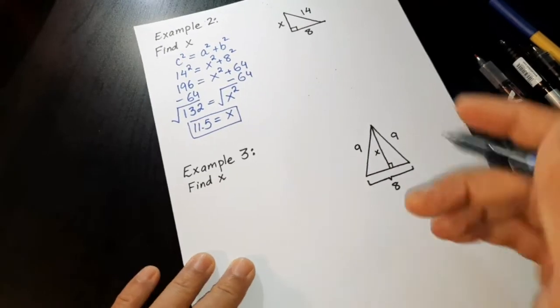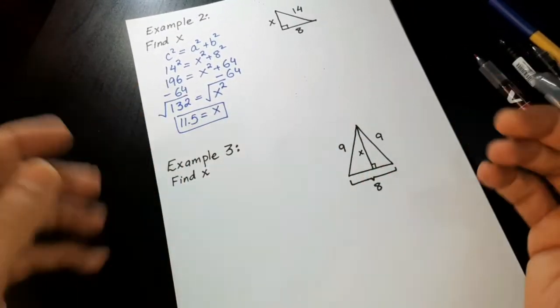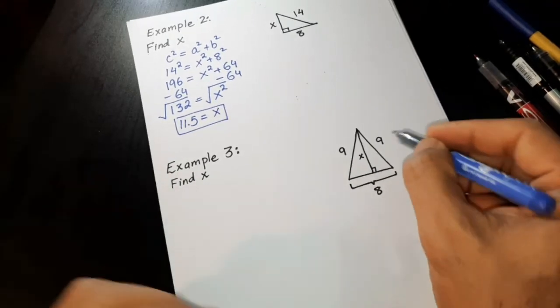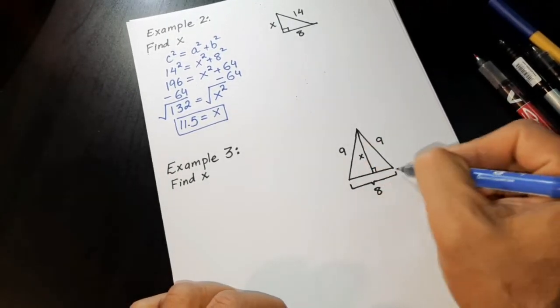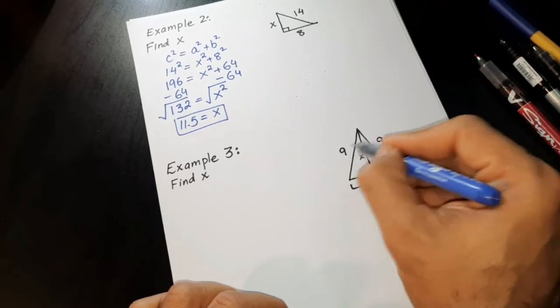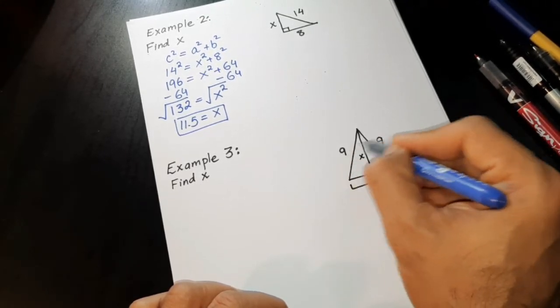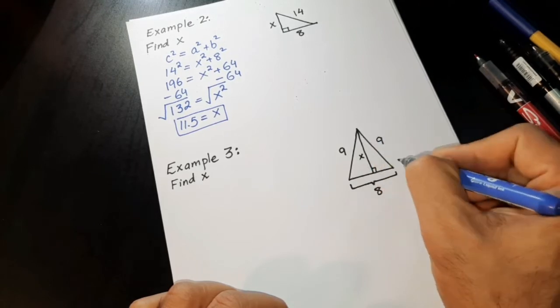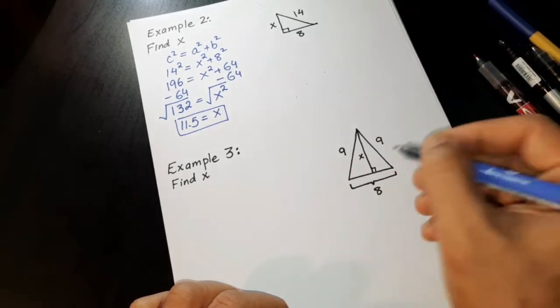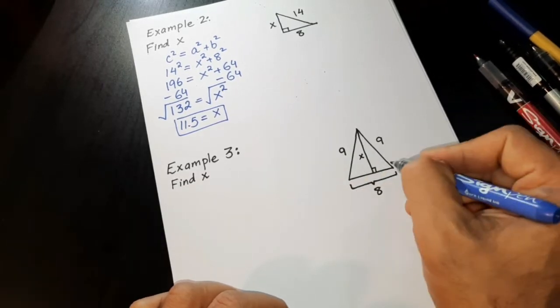Example number 3 is a kind of compound problem, a compound figure. But when you see the whole triangle, the big triangle has these two sides equal. If two sides of a triangle are equal, then it's an isosceles triangle. We did a lesson about isosceles triangles.